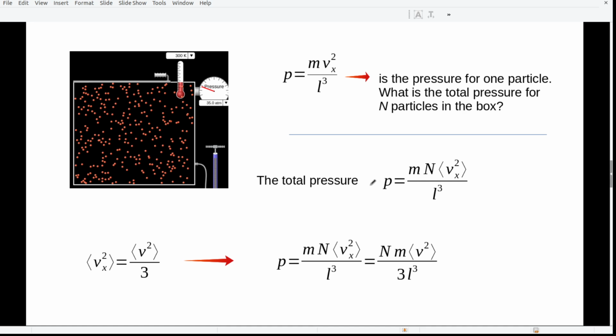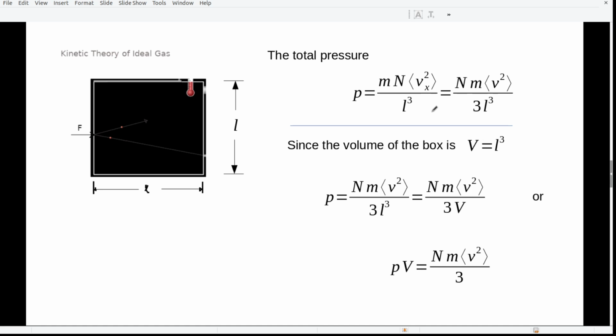Okay, so now we have our total pressure. It's the mass times the total number of particles times the average speed in the x direction squared divided by the volume, or L cubed. And now we can replace that vx squared with 1/3 of the speed squared using the Pythagorean theorem in 3D. Plugging that right in over here, we get this.